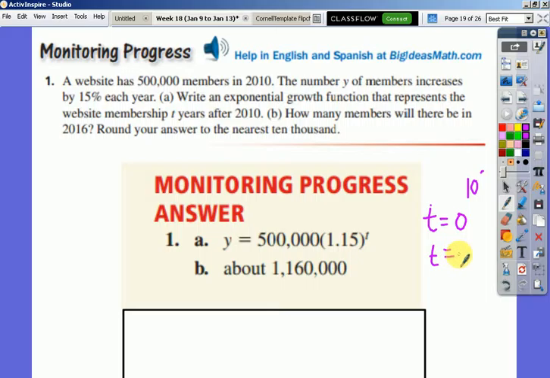In 2011, that's when t equals 1. 2012, that's when t equals 2. 13, 14, 15, 16. Okay? So, don't just think it's going to be one away. You have to look at the first year, 2010, and then go up from there. So t should be 6.